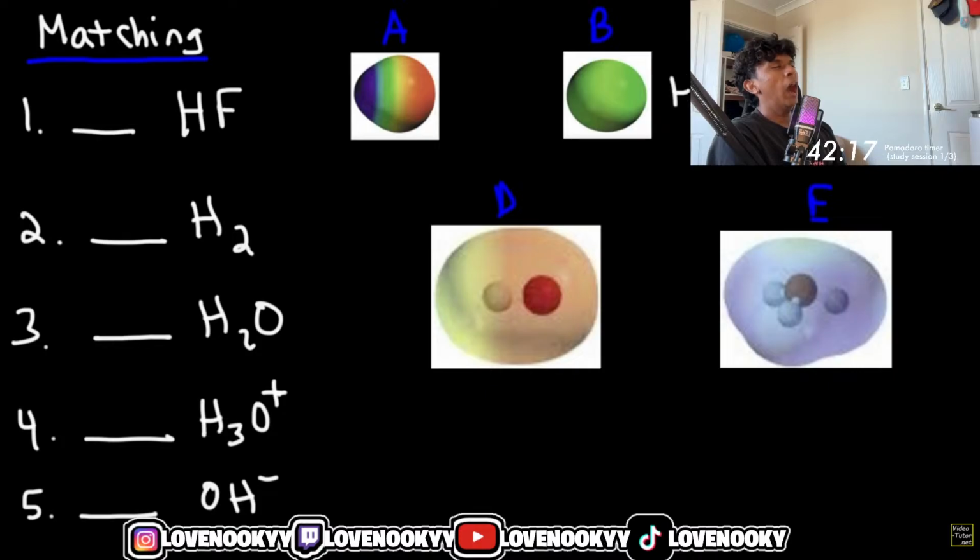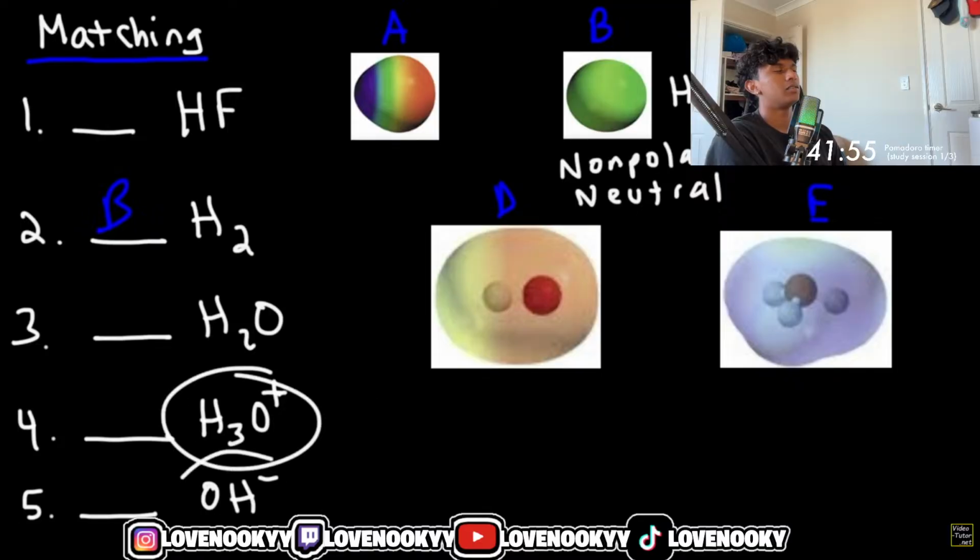Therefore, this should be H2. We don't see two different colors. So because we see one color, it's nonpolar and it's neutral. There's no separation of charge. So number 2 is H2. Now let's focus on the last two, H3O plus and hydroxide.